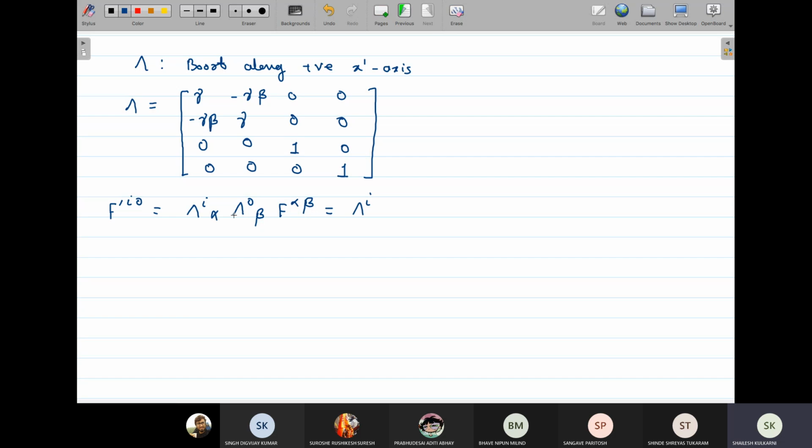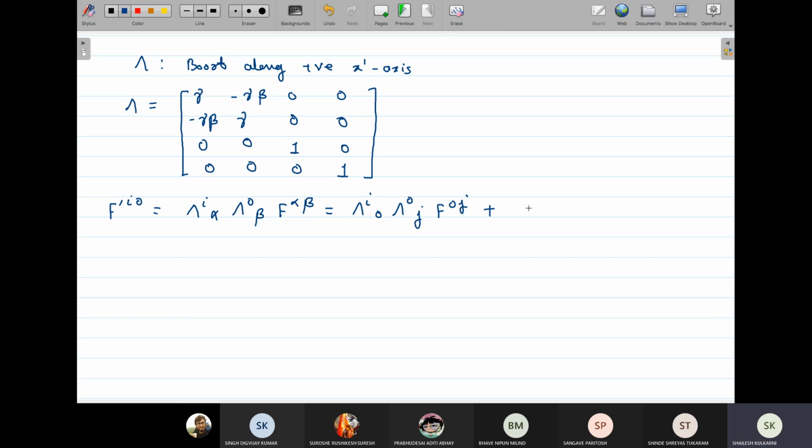So either alpha is 0 and beta is j, or alpha is j and beta is 0. Two things can happen. So let us consider alpha 0 and beta j. This will be lambda i0, lambda 0j, F0j, sum over j implied.